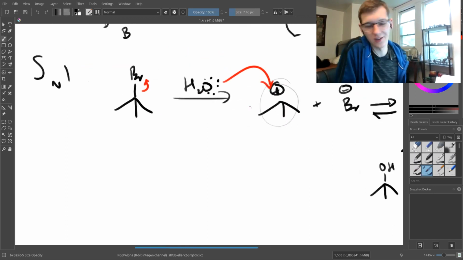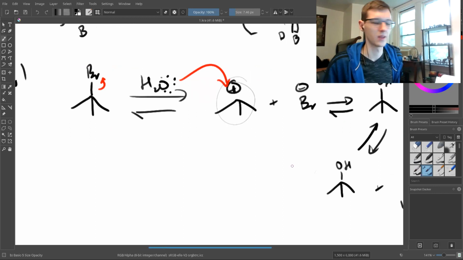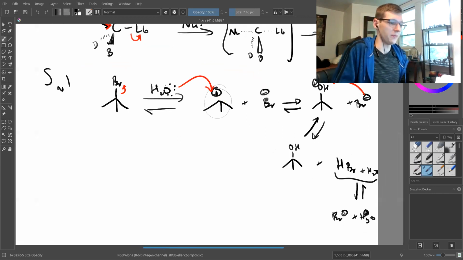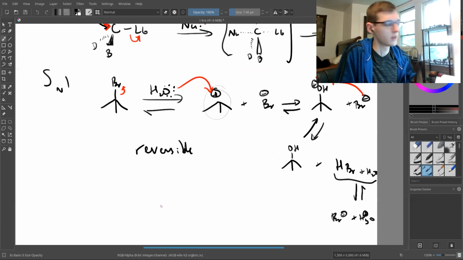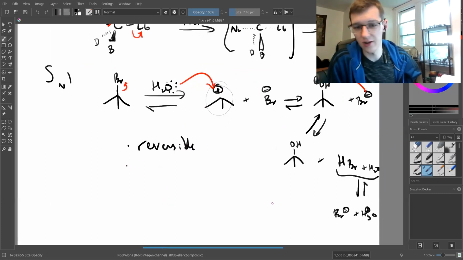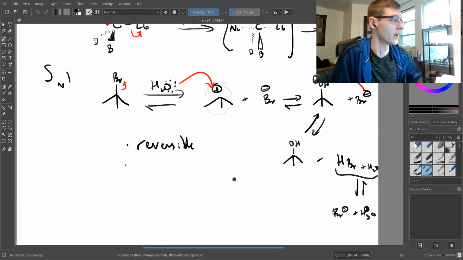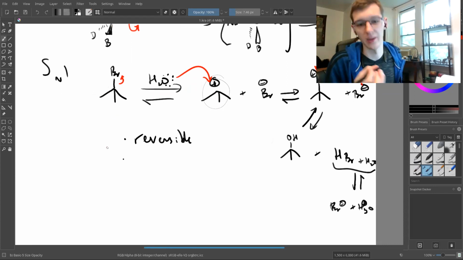And once we're here, there's a bunch of bromine floating around, right? So I could very well go back. The idea, once we're here, is that SN1 is reversible. I didn't draw a molecule that was chiral, because there are 3 methyl groups here, so this molecule can't be chiral.